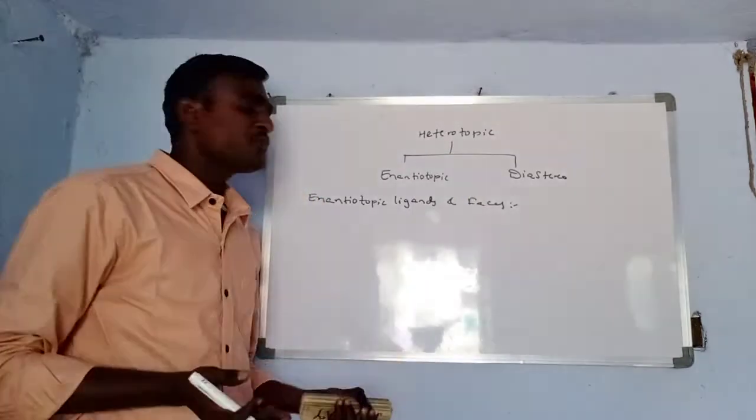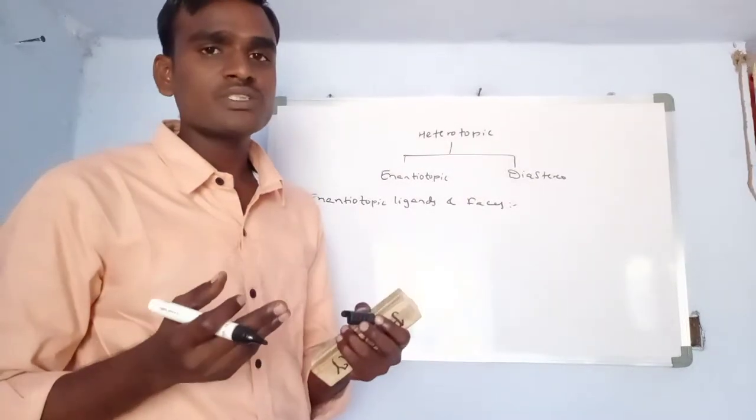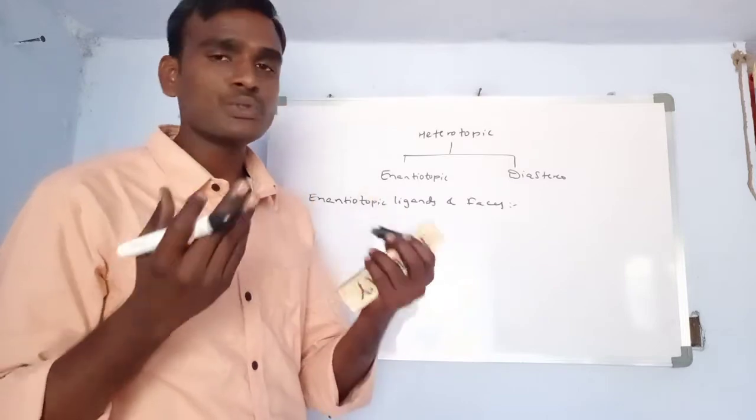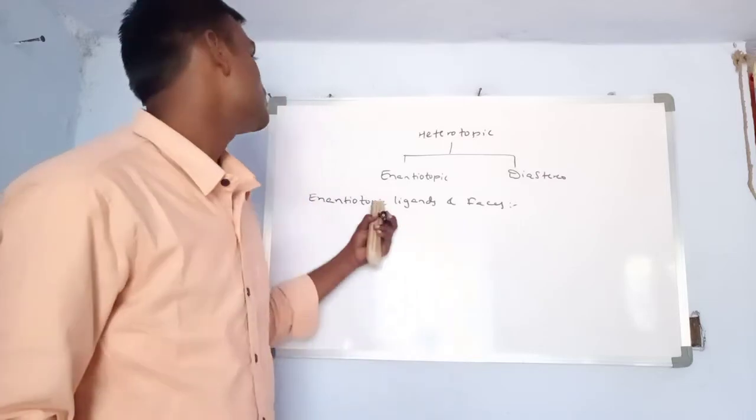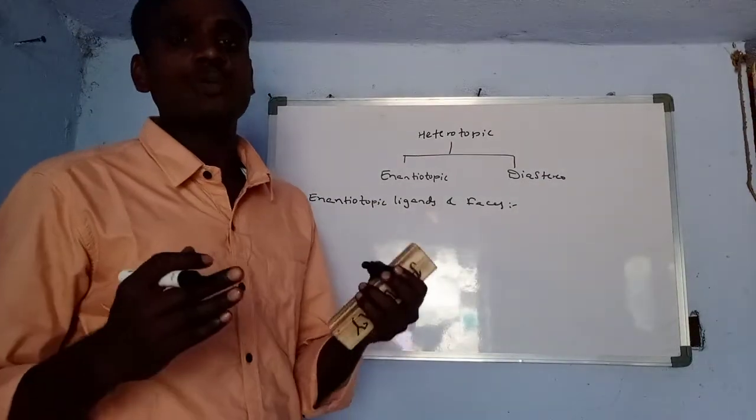In the similar way, if we replace the other group and it produces enantiomers, then those ligands are said to be enantiotopic ligands.